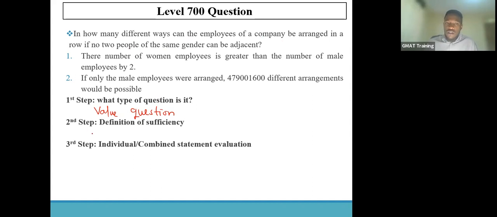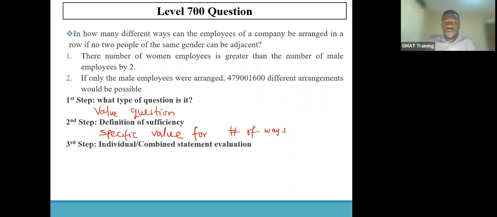Our definition of sufficiency is that a sufficient statement helps us find a specific value for the number of ways of arranging these employees, right?